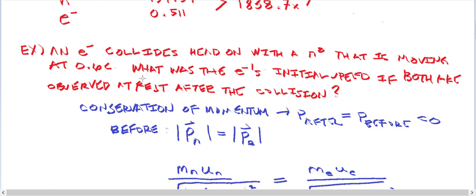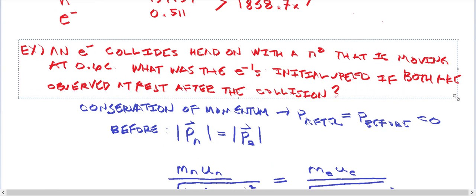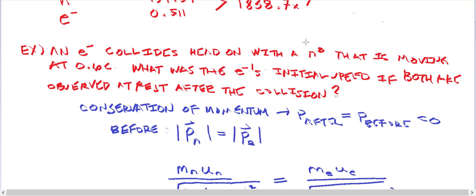So let's look at an electron that is in a head-on collision with a neutron that is moving at 0.6 c. So I'm telling you that the speed of the neutron is 0.6, 60% the speed of light.